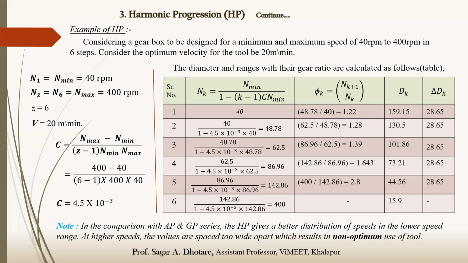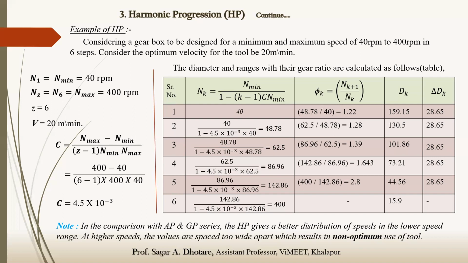So the speed variation is 40, 48.78, 62.5, 68.96, 142.86. How do the gear ratios change? 1.22, 1.28, 1.39, 1.643, and 2.8. So the sudden variation is yet to occur.